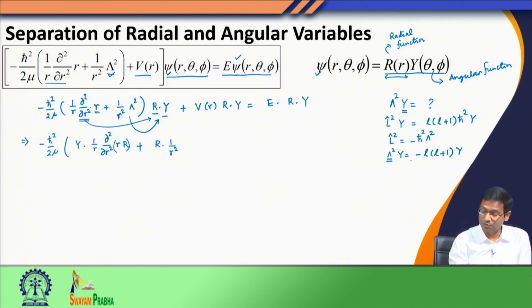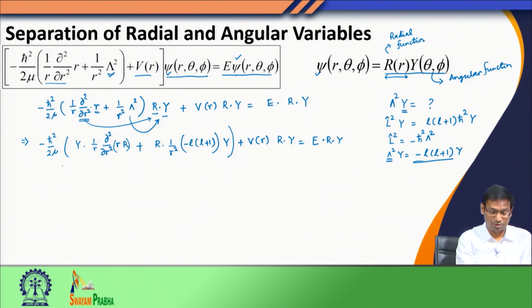So, this is what I am going to use now, minus L into L plus 1, multiplied by Y, plus V of r Y equals E R Y. I would be careful, because this minus h bar square by 2 mu is also multiplied to this second term.